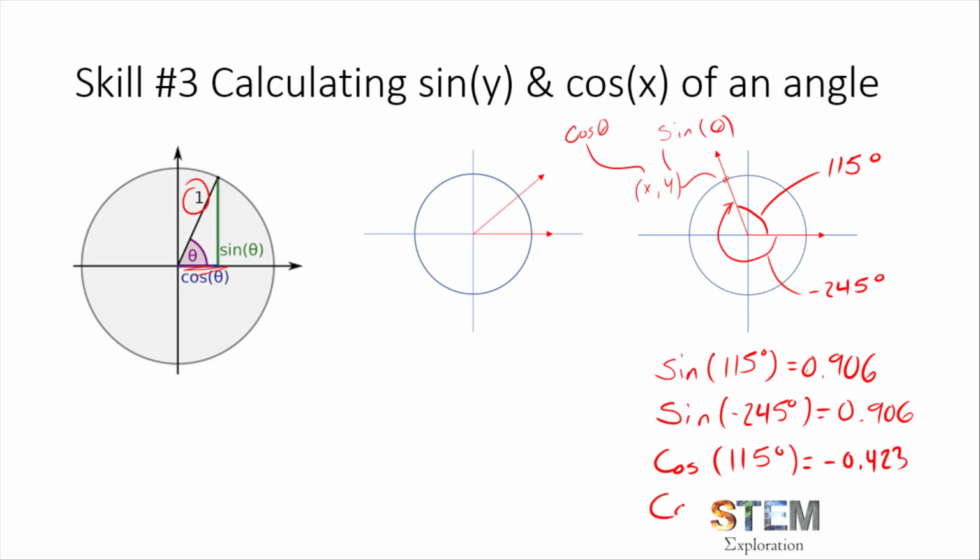And again, if we go cosine of negative 245 degrees, we will get the same value of negative 0.423. All right, and so it just gives you some ammunition here to go and figure out some of these given values and see what is going on.